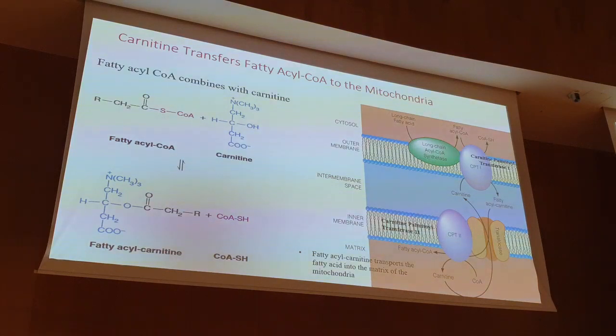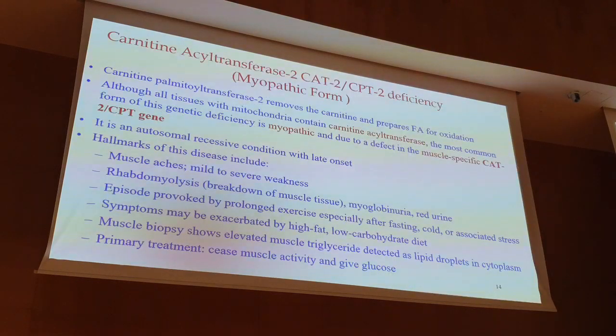Now, why am I telling you about these two enzymes? Because people have a problem with these enzymes. And there's problem number one. The most frequently occurring medical problem with fatty acid oxidation is a deficiency of CPT2.